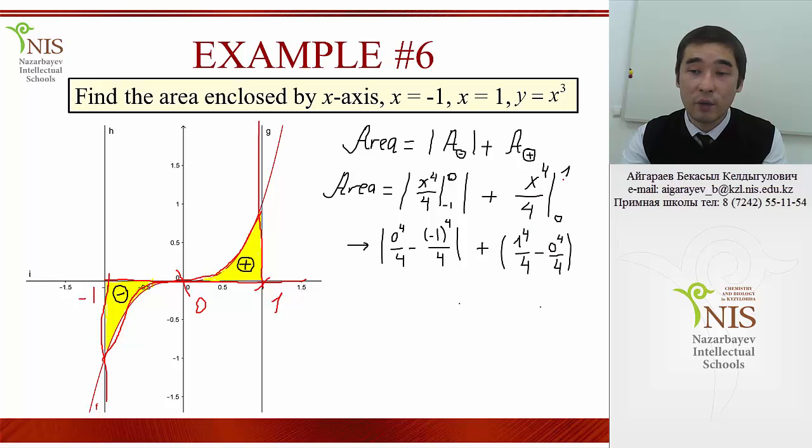When we insert 1, we get this expression, and when we insert 0, we get 0. So when we calculate this, we get 1 over 4 plus 1 over 4, that gives me 1 divided by 2, that's 0.5.